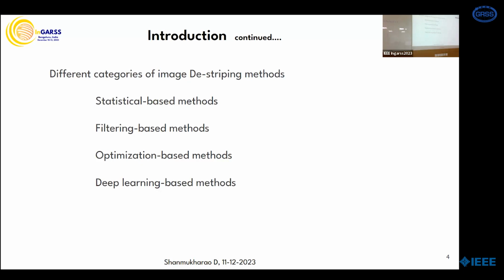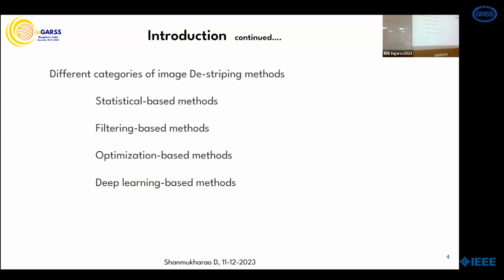Statistical based methods depend on the statistical distribution between the DN values of the image, with a strong assumption that there is some reference distribution. Based on that only, these methods are working. Let us suppose if the stripes are not linear, these methods will give very poor restriping capability.